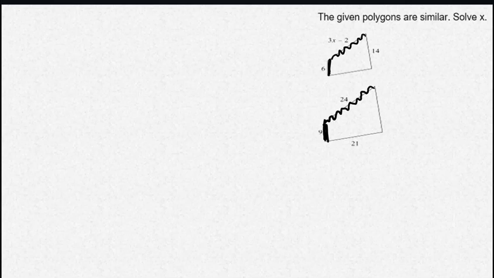And really what bothers me is that 24. So I'm not very good at 24 times tables, so I'm going to avoid using it. And the way I'm going to do that is I'm going to set up my proportion 9 over 24 equals 6 over 3x minus 2.